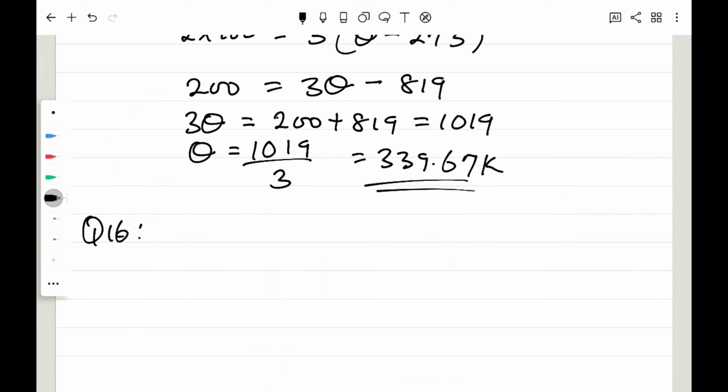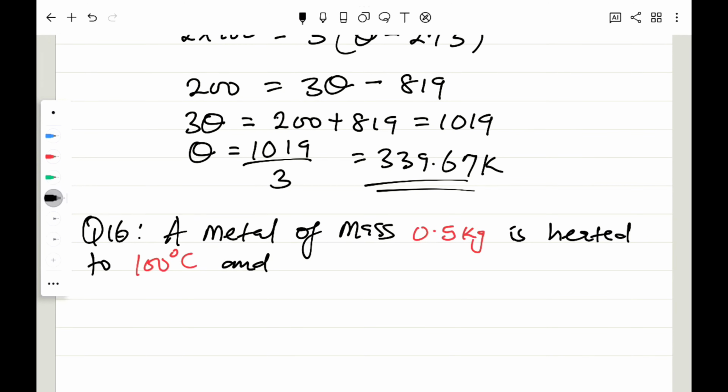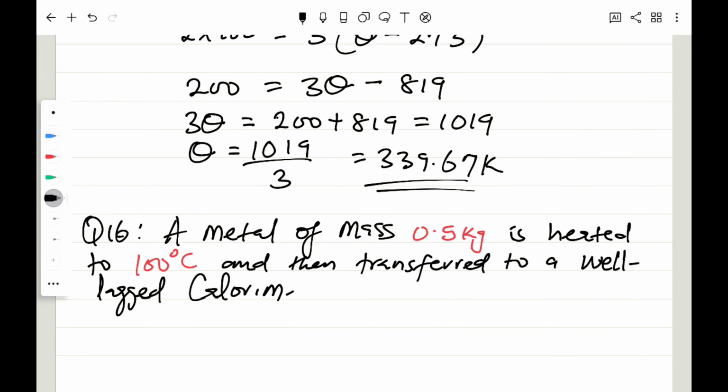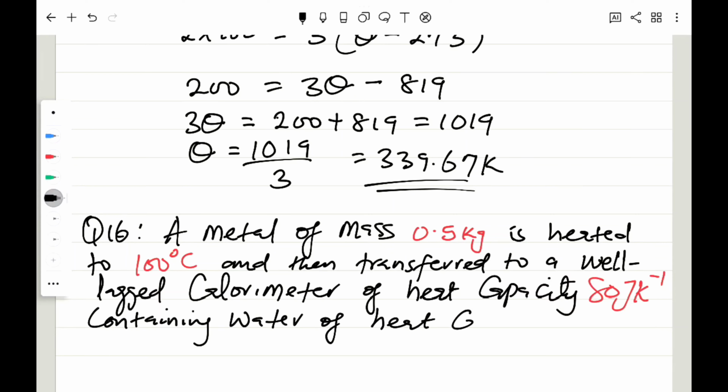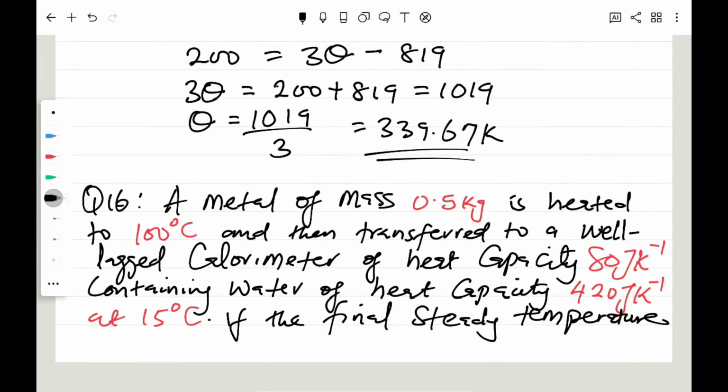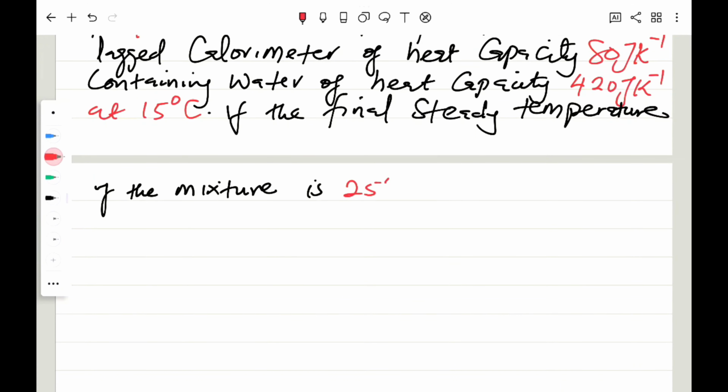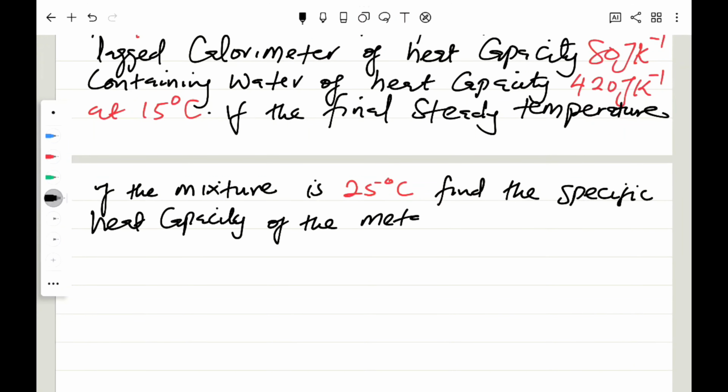Let's proceed further. A metal of mass 0.5 kg is heated to 100 degrees Celsius and then transferred to a well-lagged calorimeter of heat capacity 80 joules per Kelvin, containing water of heat capacity 420 joules per Kelvin at 15 degrees Celsius.